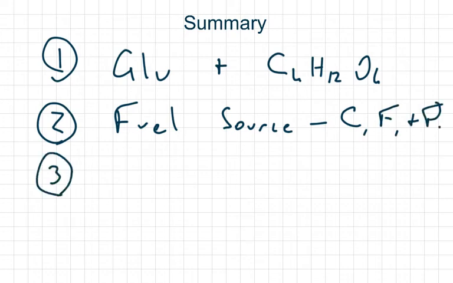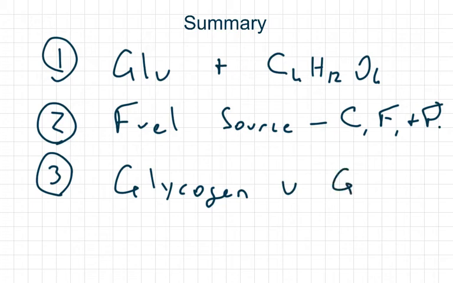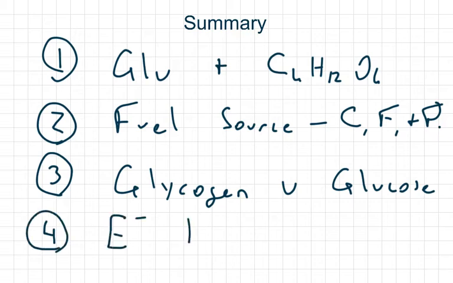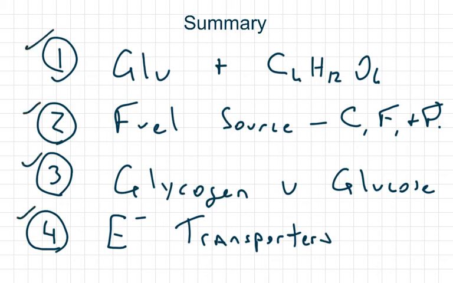Third, we discussed the difference between glycogen versus glucose. And lastly, we did a brief introduction to electron transporters. With these four areas, we lay the foundation to be able to start our discussion on how ATP is created within the human body, and we'll begin that with the next set of videos.